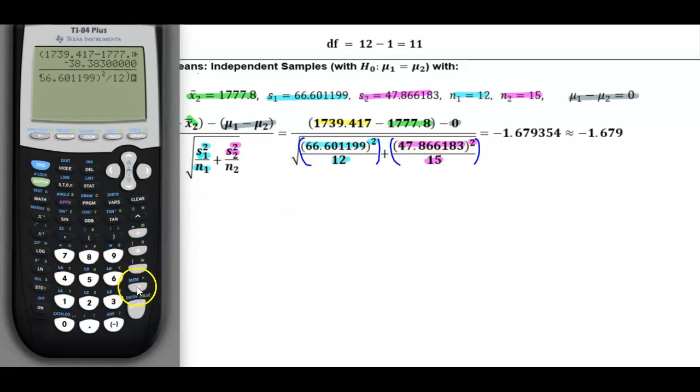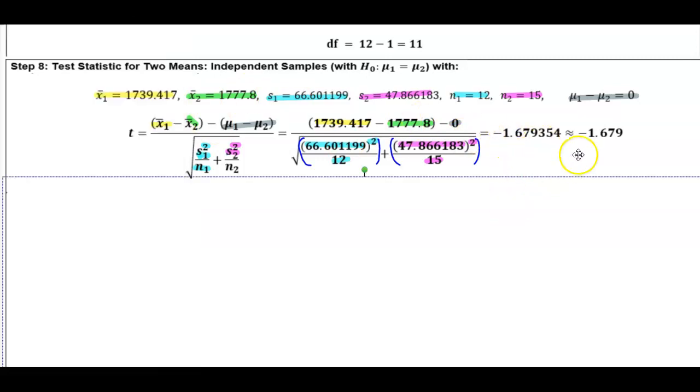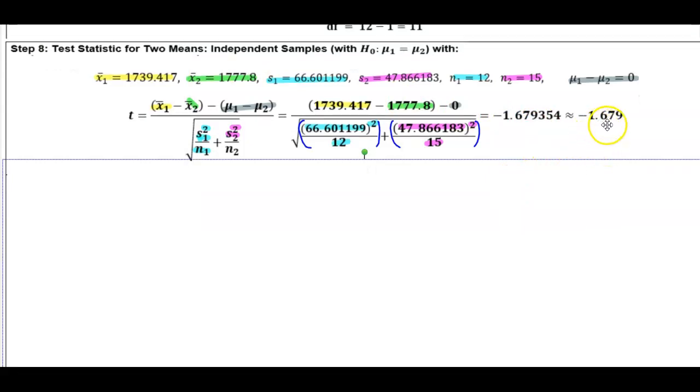And now we can put plus, and then add a parenthesis and put inside it 47.866183. Then we close the parenthesis and square that, divide that by 15, close that parenthesis, and then press enter. When we press enter, we get negative 1.679354, and we're going to round that to 3 decimal places, so we get negative 1.679 as our test statistic.